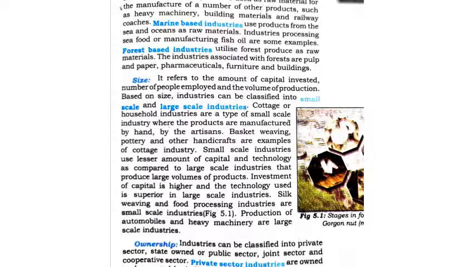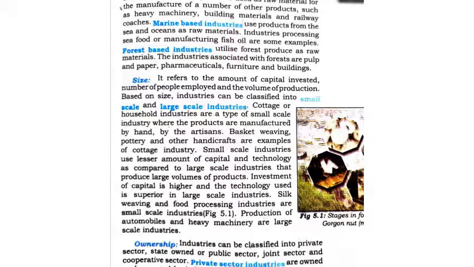Small scale industry, whenever we hear this name, we can understand that those industries work on a very small scale.